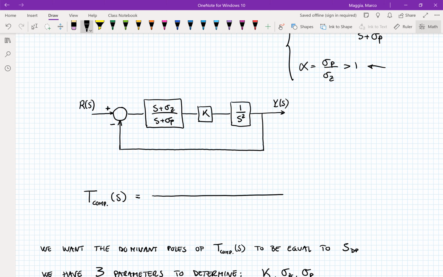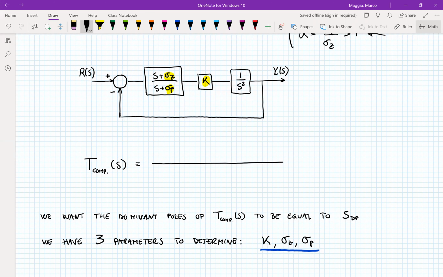Well, we want to find values for sigma z, sigma p, and eventually also the gain k, so that the dominant poles of the closed loop transfer function are exactly what we chose. All right, so the first step is to actually compute the closed loop transfer function.